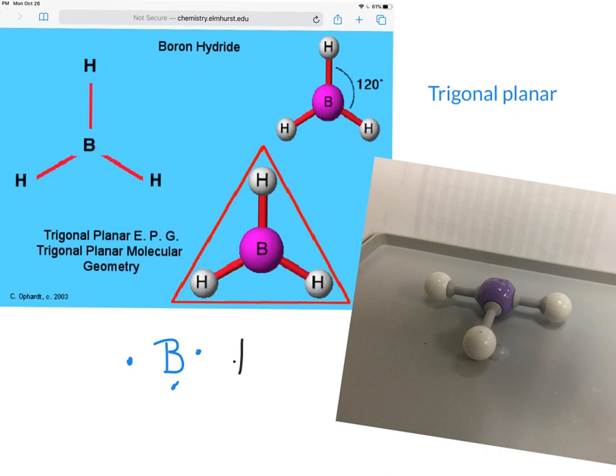Then hydrogen has 1. And because it's a covalent bond, it's going to share those valence electrons. This shape is your trigonal planar. You're going to use these to be able to match for your lab.